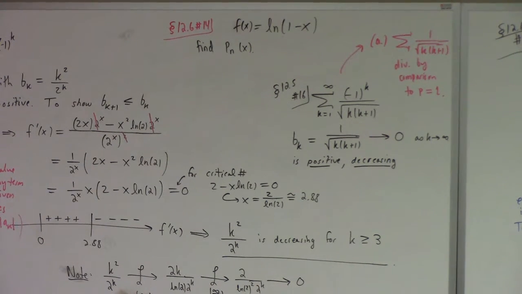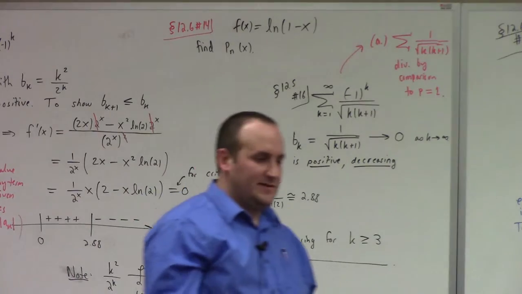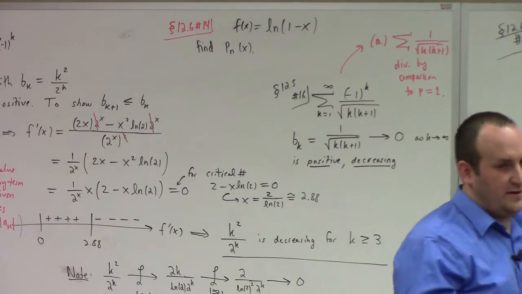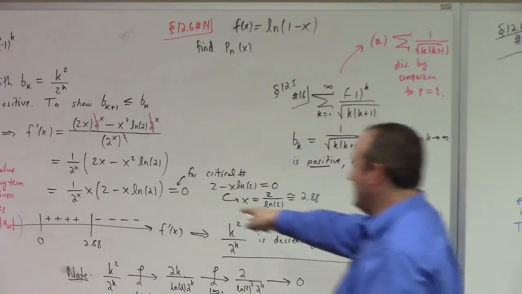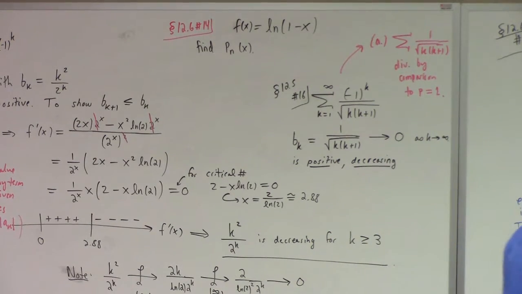But I do think you're right that once I show that this is absolutely convergent by the ratio test, I don't actually need to go through all this. So I guess a more interesting question for me to ask is just, does this converge? Now, if you're smart, you can avoid this stuff by just checking absolute convergence and using absolute convergence implies convergence.